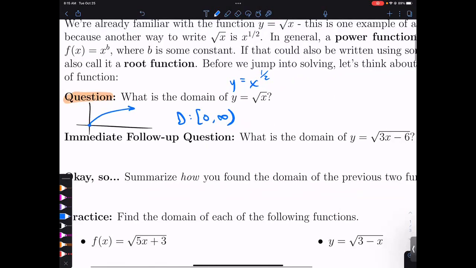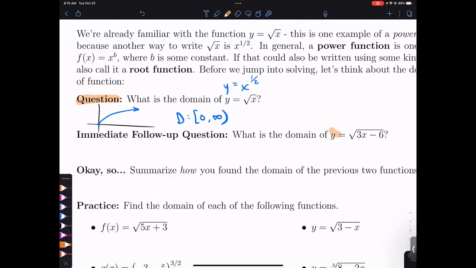Well, what's the domain of this thing then? What's different about it? Let's try to look at it in layers a little bit, right?